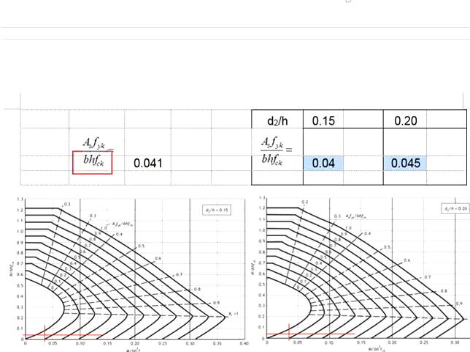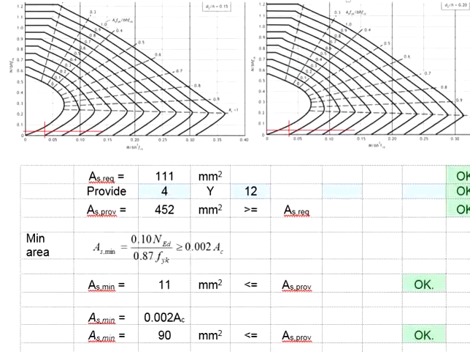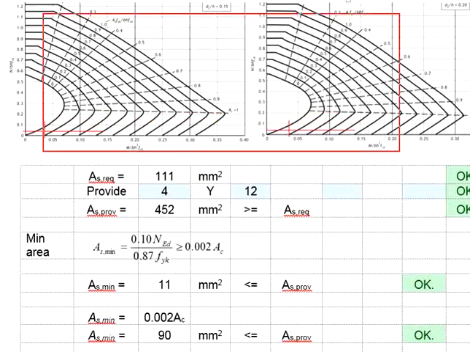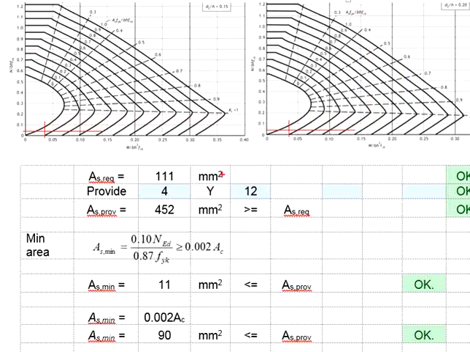Bring the b h fck to the opposite side in the manner of multiplication. Divide with the fyk 500. Then you get the As. The As as obtained from the chart shall be the As required. It equals to 111 mm squared.